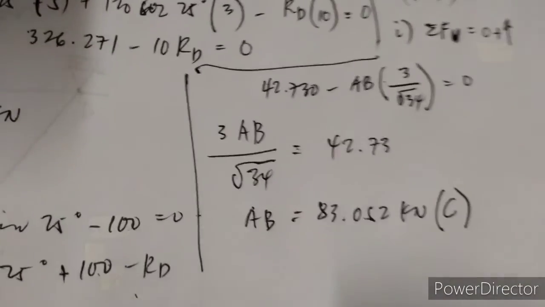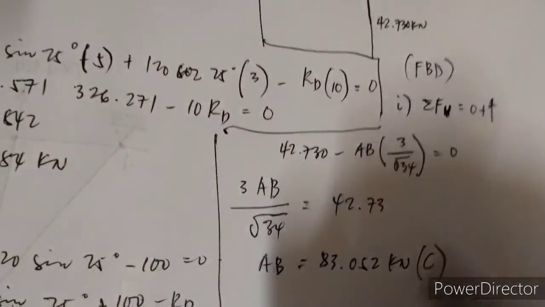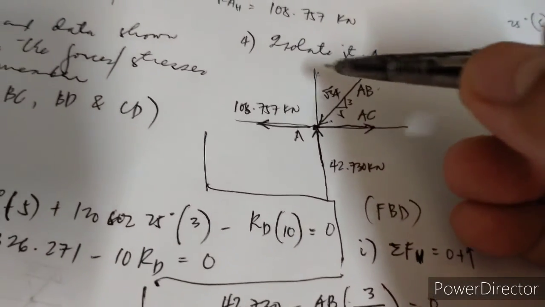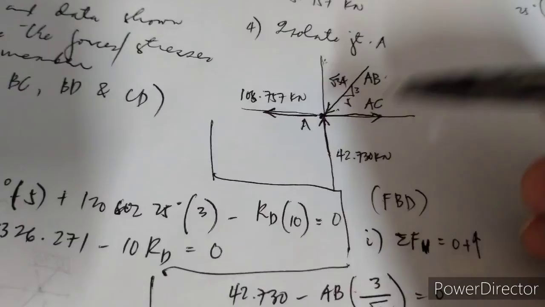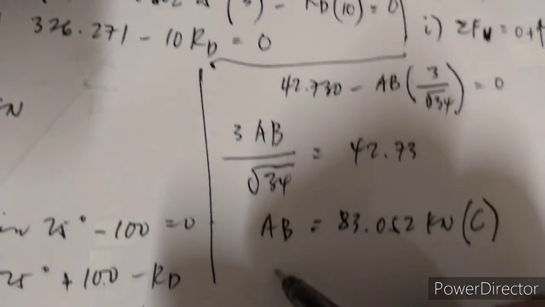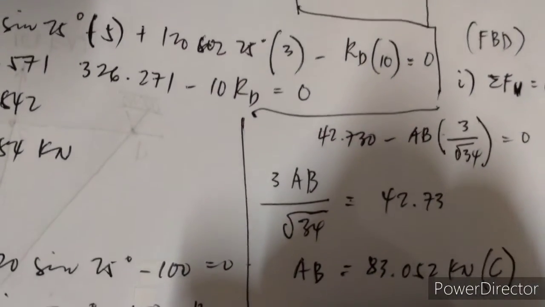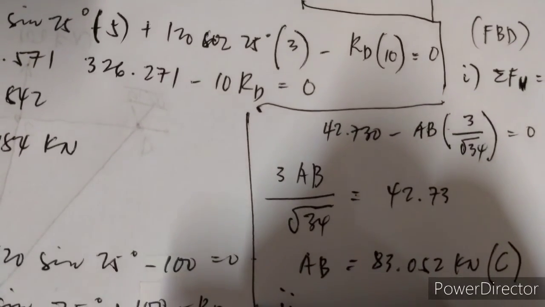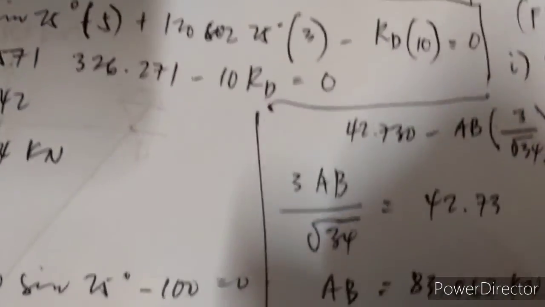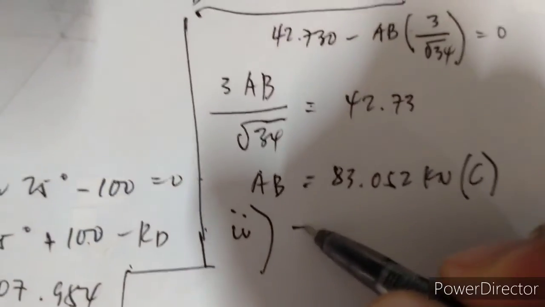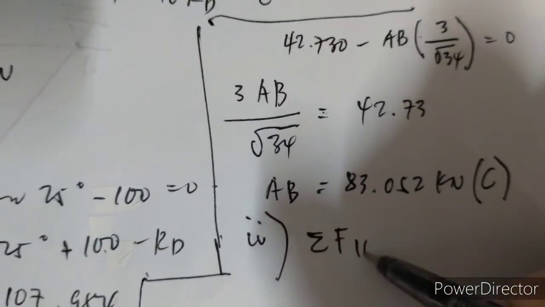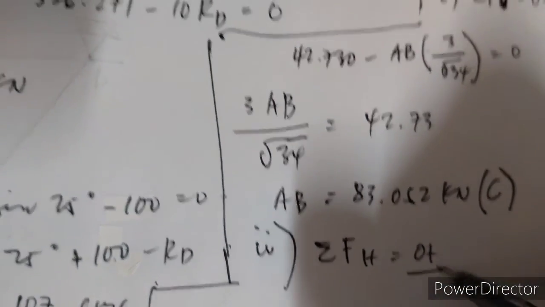So next, still from joint A, the next step is of course summation of forces horizontal equal to 0, positive to the right.